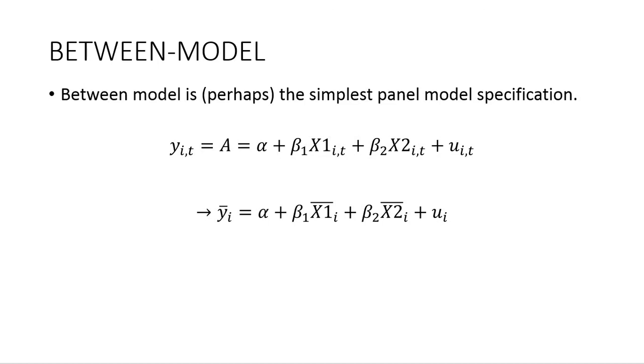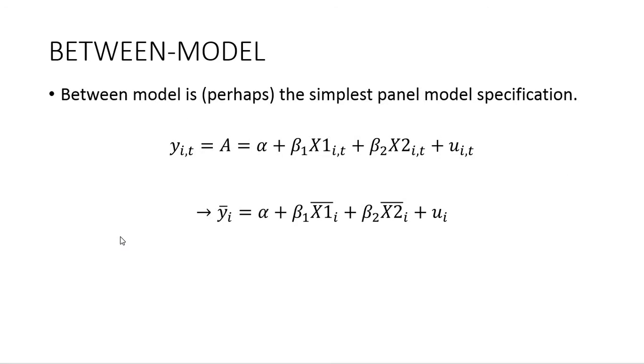If we have GDP of Poland for 10 years, then in order to obtain the average value of GDP for Poland, we calculate the average value of GDP across the years from 1 to 10. And we do it for all the units, the entities, all the groups in our model.